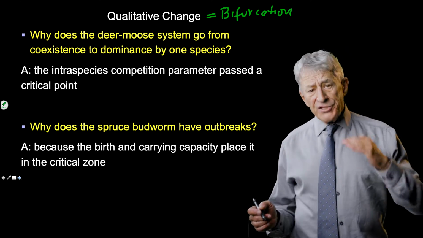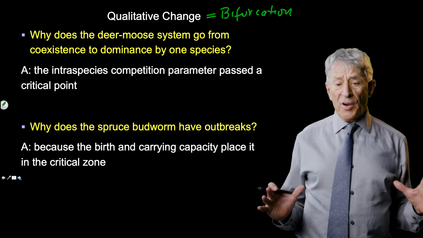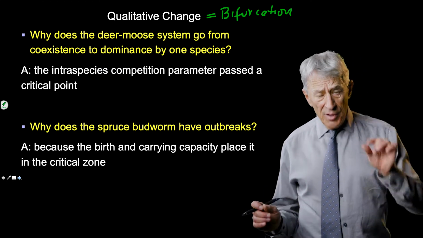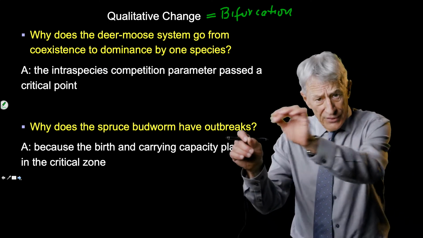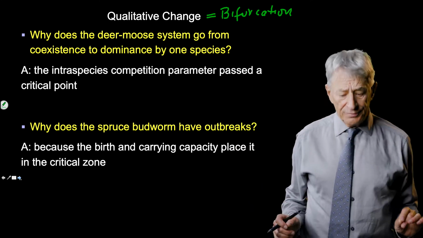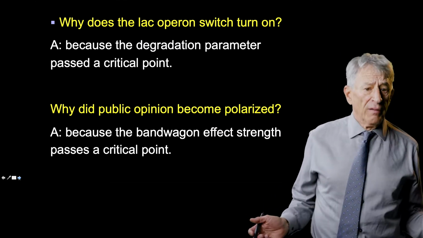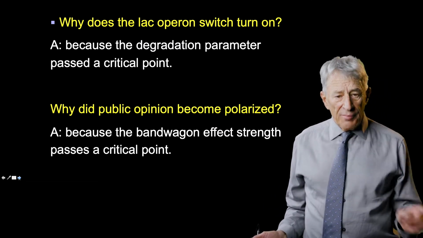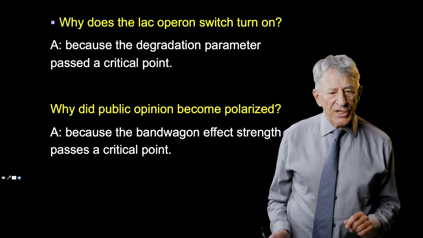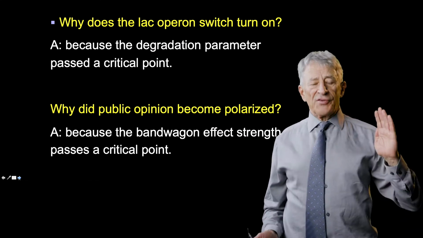And so the bifurcation theory is the answer to the question, why does the spruce budworm have outbreaks? Answer, because R and K wandered into the bistable critical region. Why does the lac operon switch turn on? Answer, because that R, that degradation parameter, passed a critical point. Now all of a sudden you have a switch.